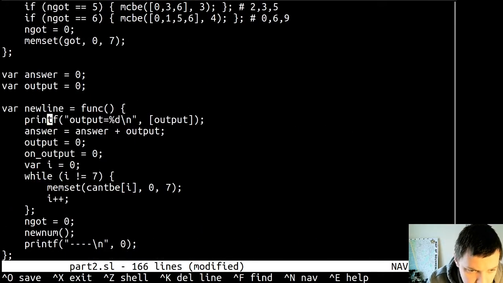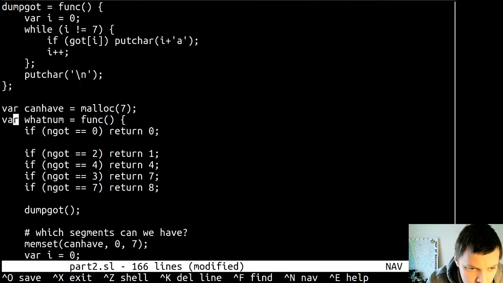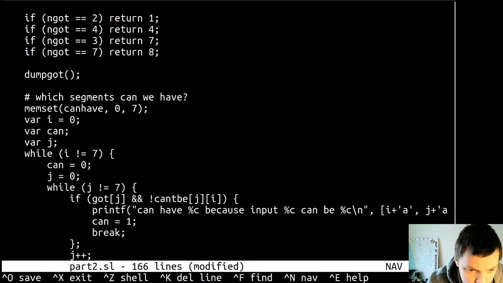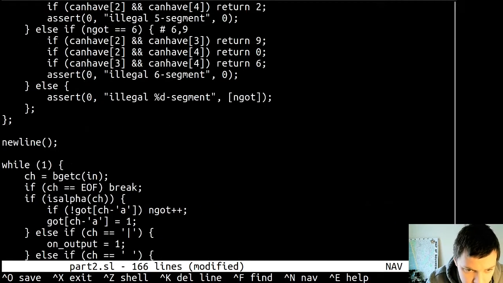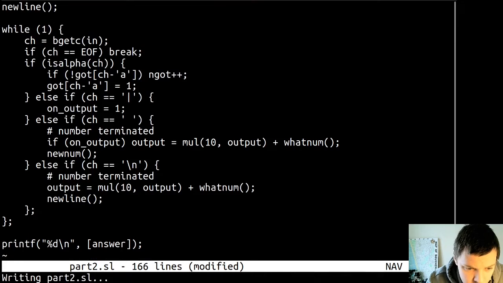Output I still want, I think. But I don't want these ones. I don't want that either. Okay.